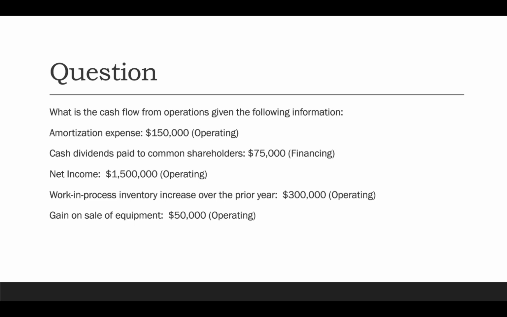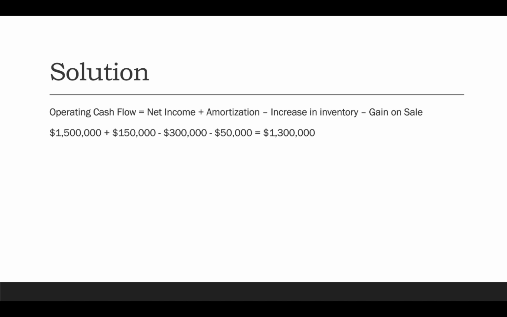So we're going to subtract that out of the operating section. And again, the actual cash flow related to that sale would hit the investing section, but that's not the question we're being asked here. And we're not given enough information to calculate that. So for the operating section, and this is what makes this problem tricky, we're going to subtract that out.